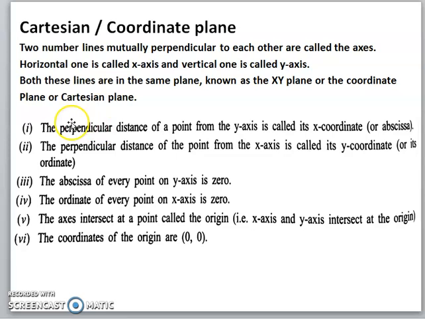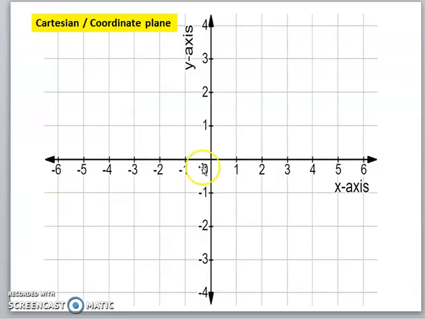Now the perpendicular distance of a point from the y-axis is called the x-coordinate or abscissa. The perpendicular distance of a point from x-axis is called y-coordinate or ordinate. So let's go back.